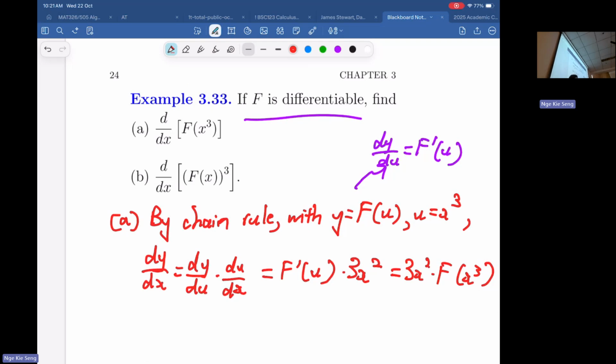I hope when you come to uni, you can write down this step here. Maybe like what you said in the last class, you can remember the answer. But now I hope you can see why you get the answer you remember, or you memorize. The step here is very important, this chain rule.